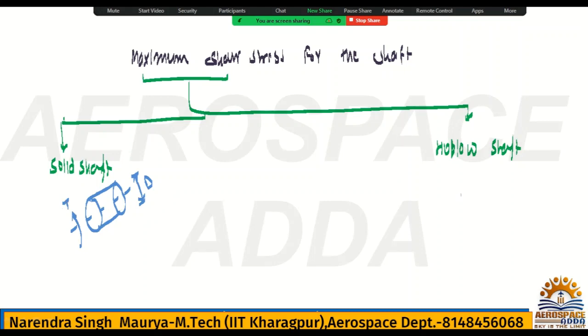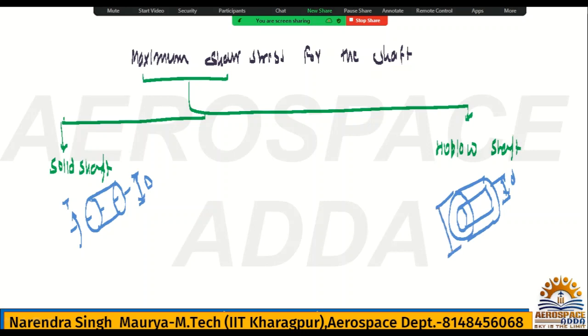Similarly we have a hollow shaft here. This is small d, this is capital D, and obviously the same amount of torque T is applied. Then what is the formula?